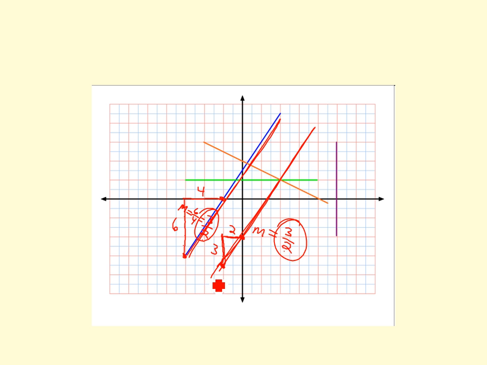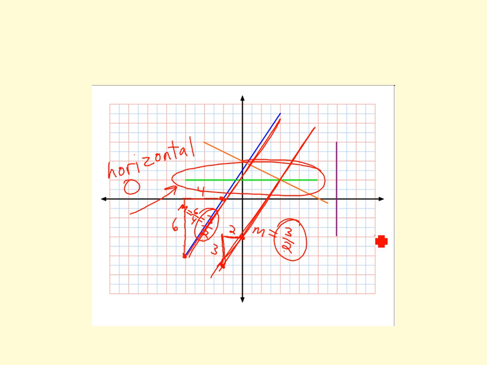Couple other things, if we look at this line, the green line, it's a horizontal line. And the slope of all horizontal lines is always 0. We're going to talk about that here in a minute. And the way I remember that is if you have a horizontal line on the floor, I can actually walk across it and I'm going up 0, slope 0.